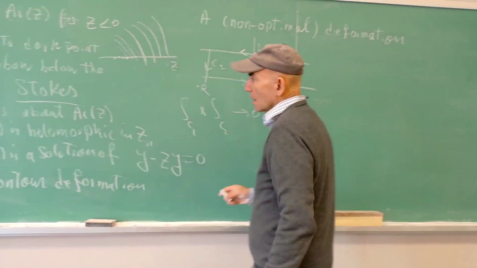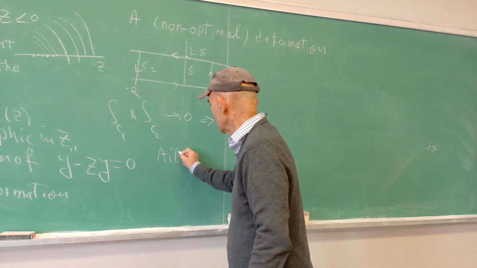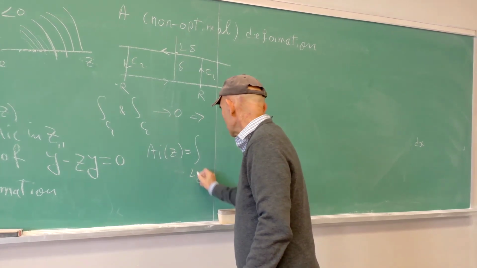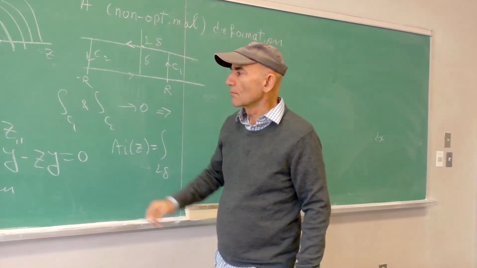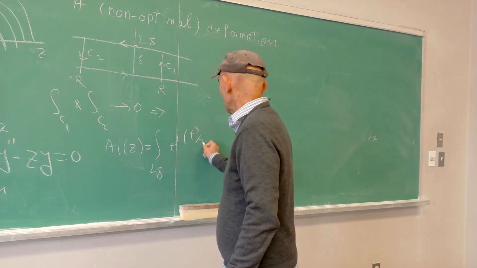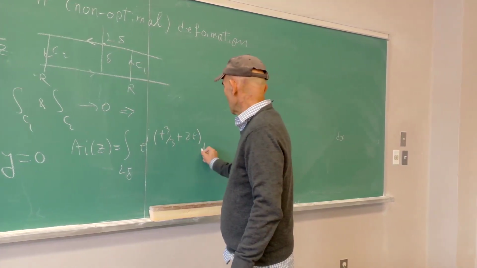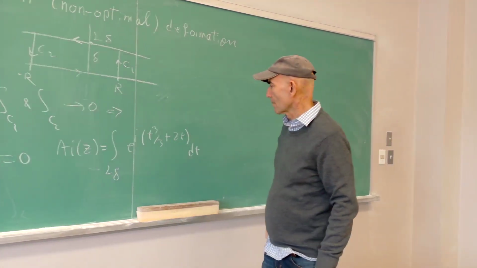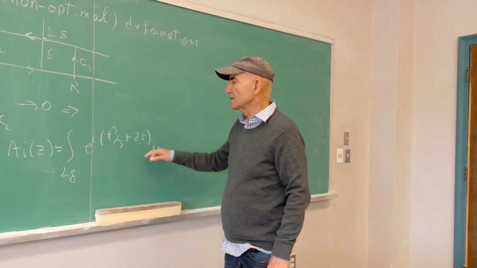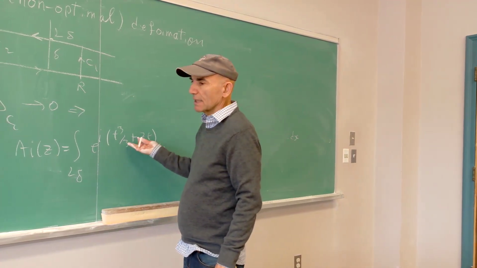Okay, so then it follows that the integral Ai of z is the integral over L delta of the exponential of I (t cubed over 3 plus zt) dt. Now we still have to see if this buys us anything.